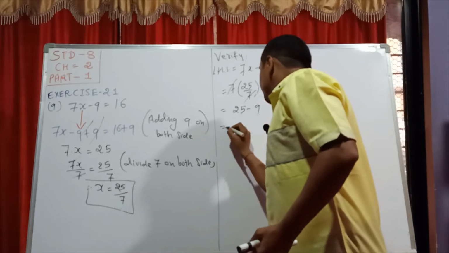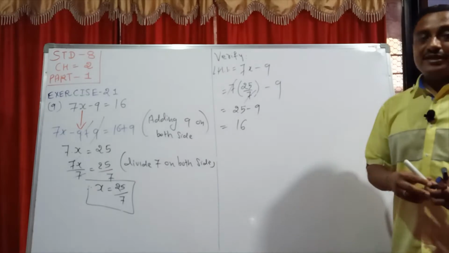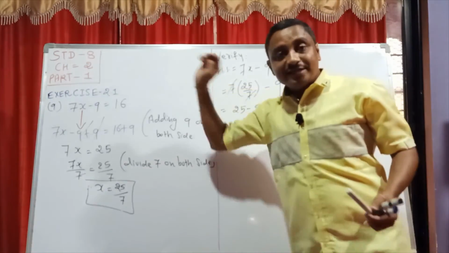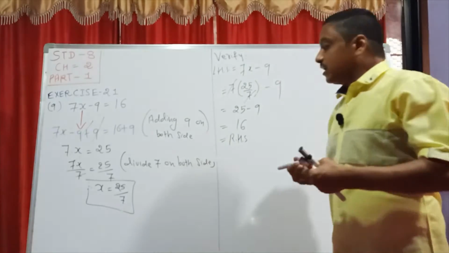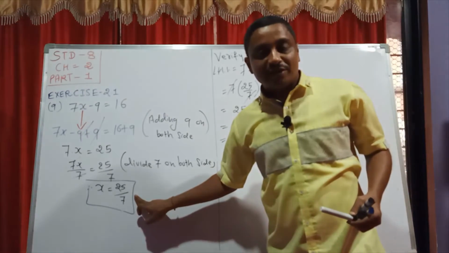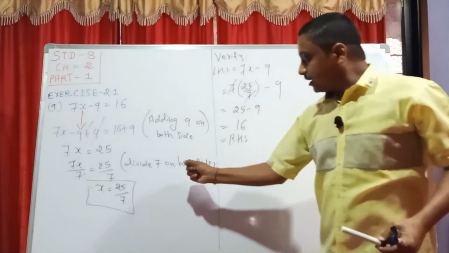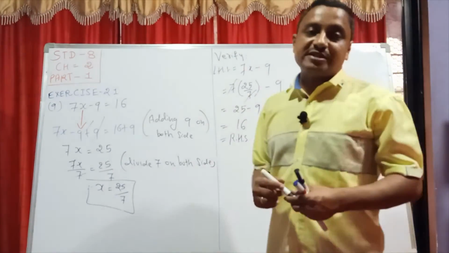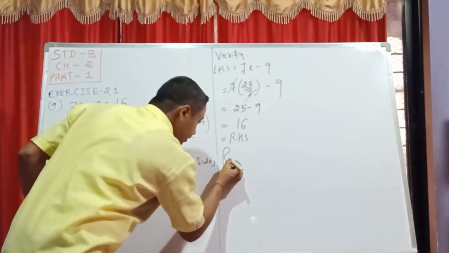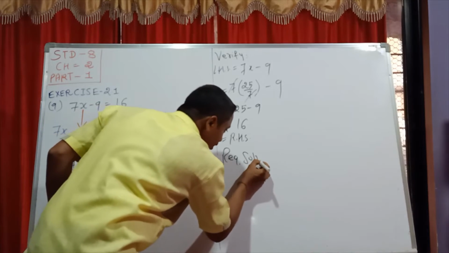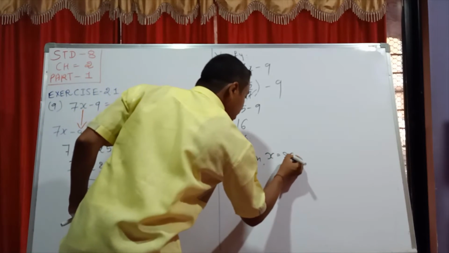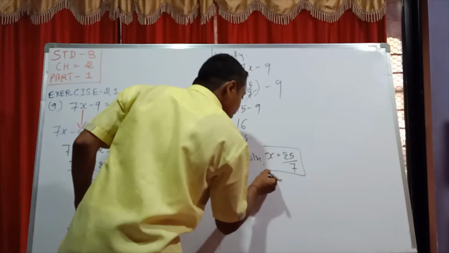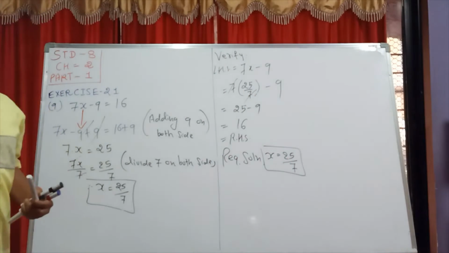And how much is it? Yes, it is 16, and that's your RHS. So check out, your LHS is equal to RHS after putting 25 by 7, so it is true. That's why my correct solution x is equal to 25 by 7 I have done. So the required solution for this linear equation, x is equal to 25 by 7, is your final answer.